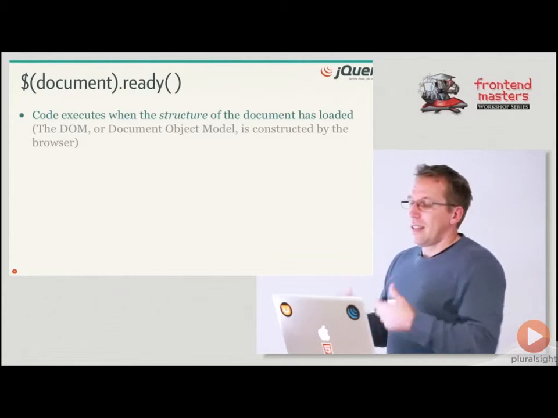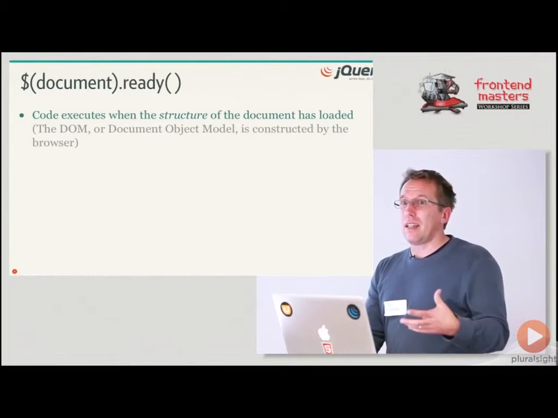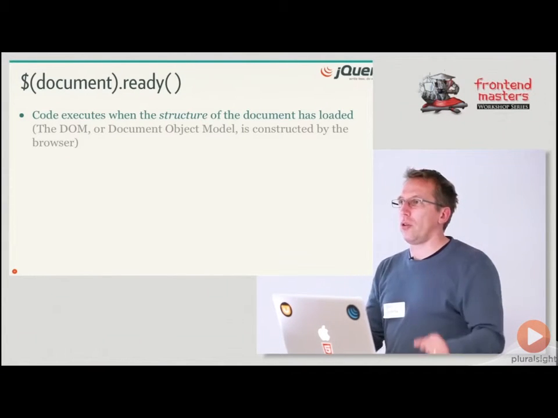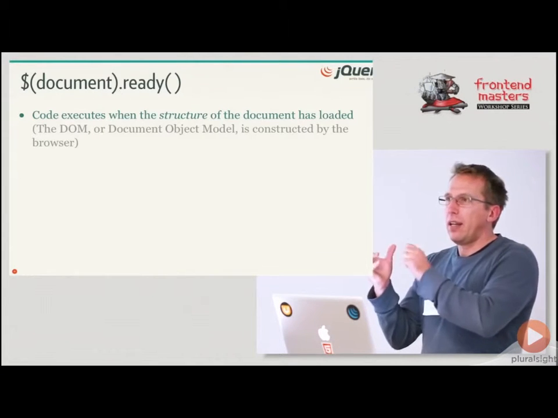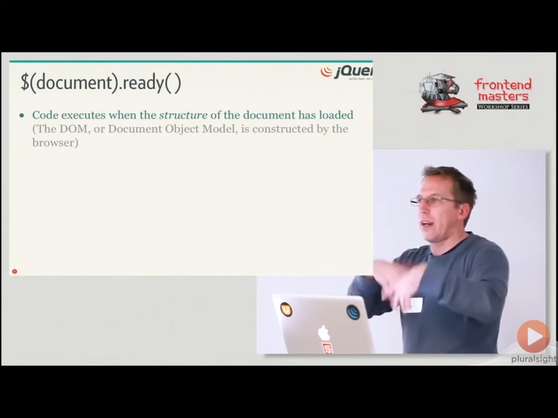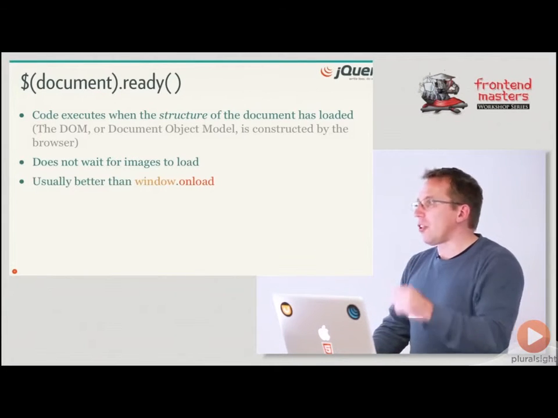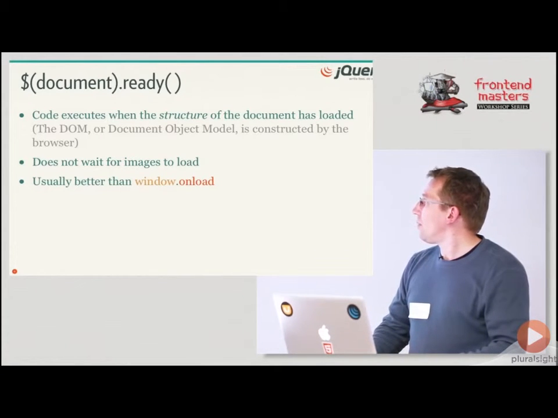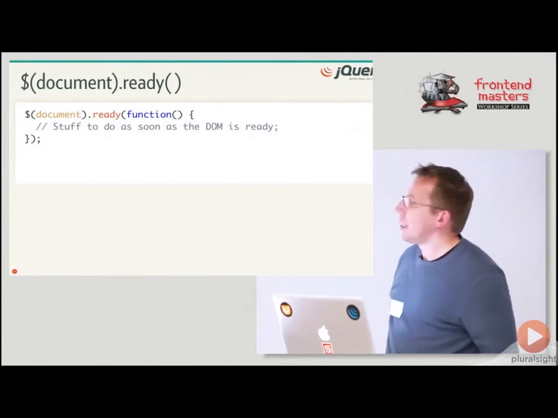If you have a lot of big images on your page, this may be quite a bit sooner than when the window loads. Because the window onload event happens when everything has finished loading, all the images, everything, right? So it doesn't wait for images to load. It's usually better than window onload. So this is how you use it. Ta-da!